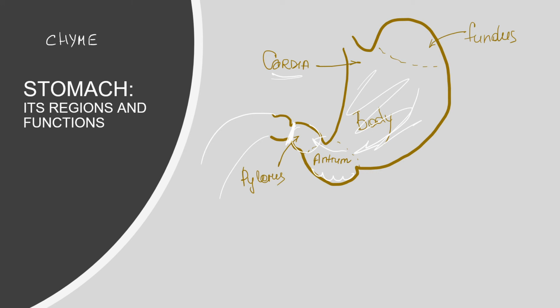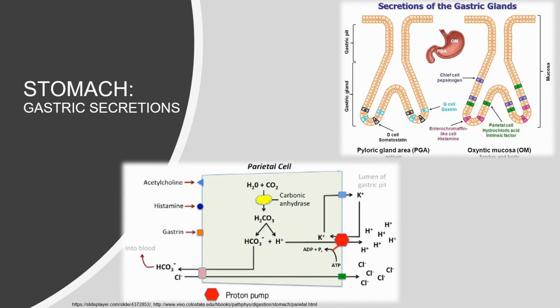If we talk about gastric secretion, the body of the stomach, this part, contains glands that are called oxyntic or parietal glands.